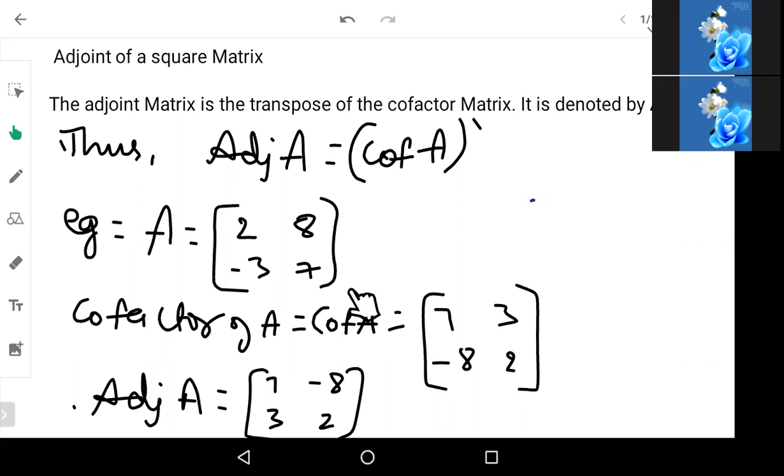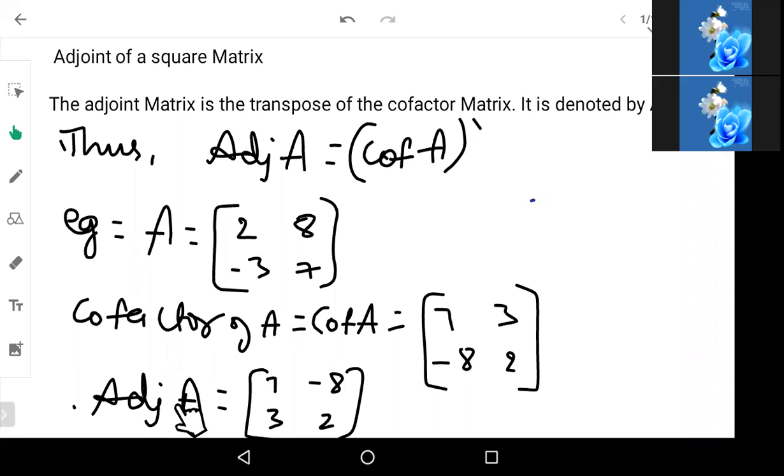The matrix is 2, 8, minus 3, 7, and in the previous problem, the cofactor we got was 7, 3, minus 8 and 2. Correct. Now if you find the transpose of this cofactor, that is called adjoint A.